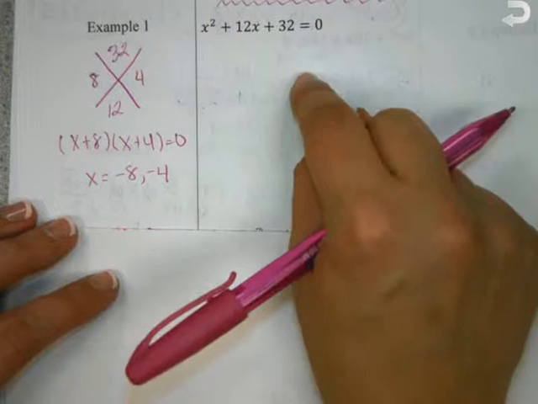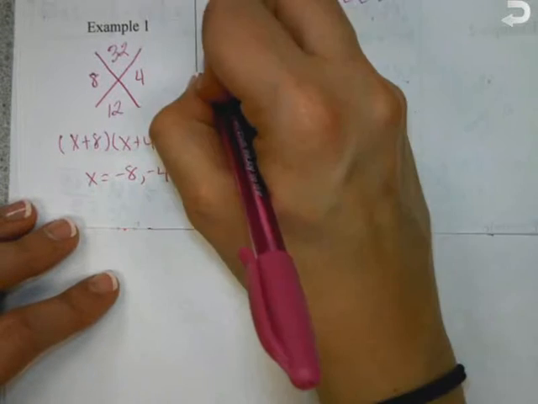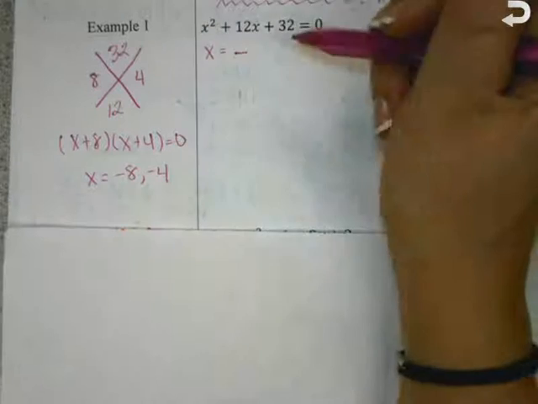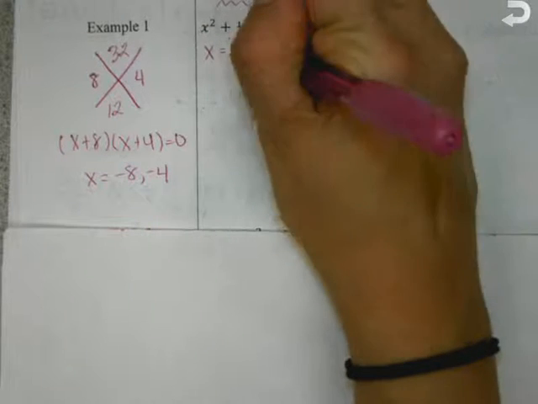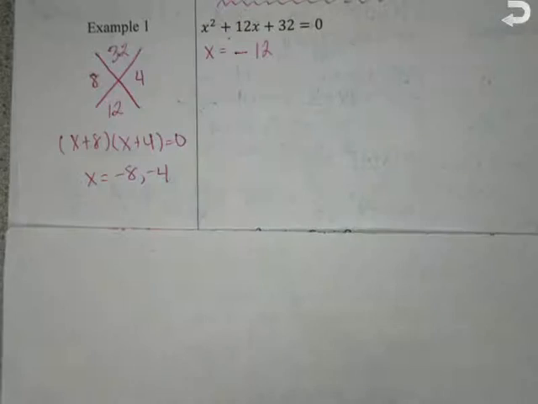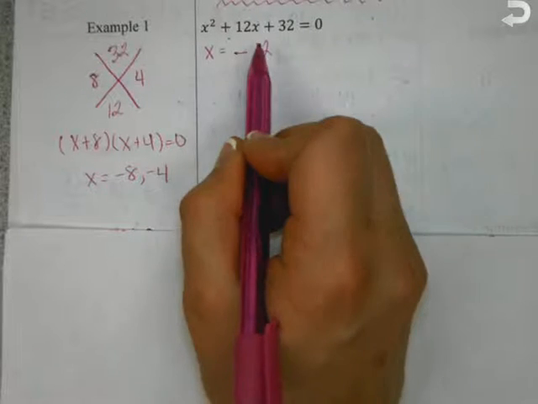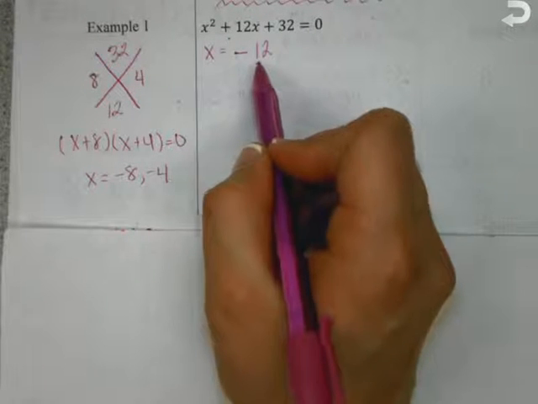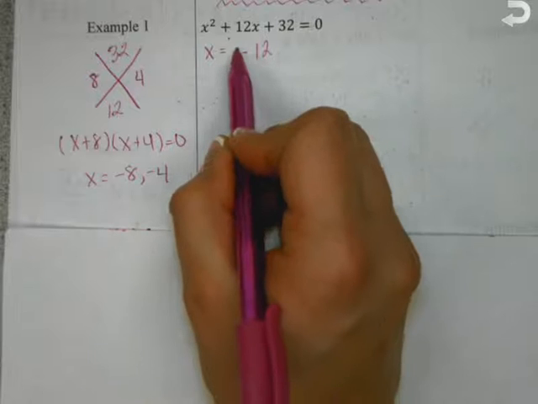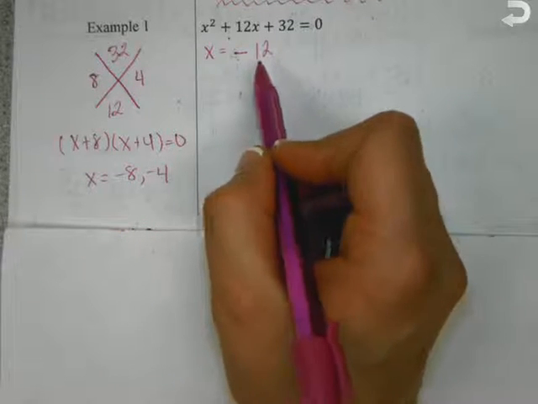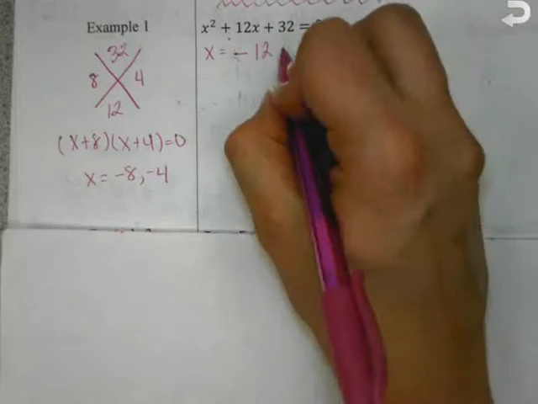Okay? So quadratic formula is x equals negative b. What is b? 12. Remember, if b is already negative, we have negative a negative, so that's going to make it positive. So this sign stays there all the time. You just plug in whatever b is. Plus or minus. Make a big square root.